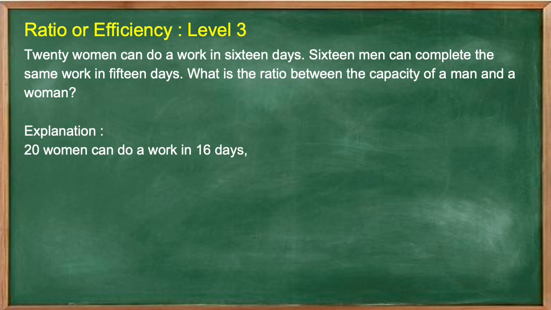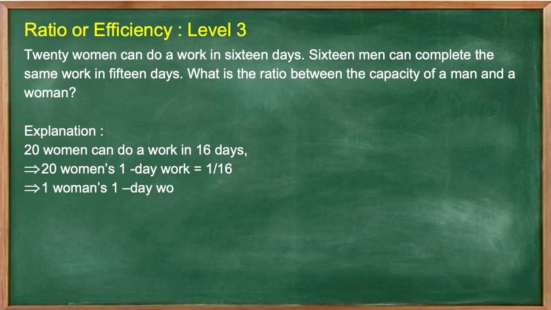So according to the flip rule, 20 women's 1 day work will be 1 by 16. Now if 20 women's 1 day work is 1 by 16, then one woman's 1 day work will be 1 by 16 into 20, which is equal to 1 by 320.